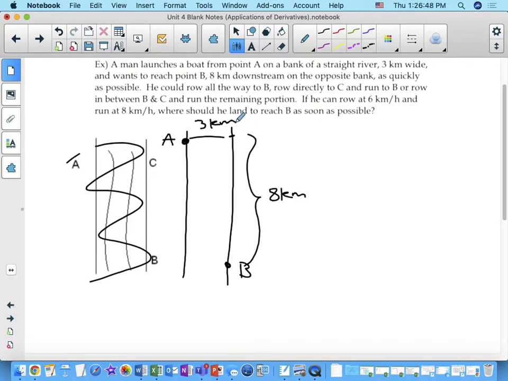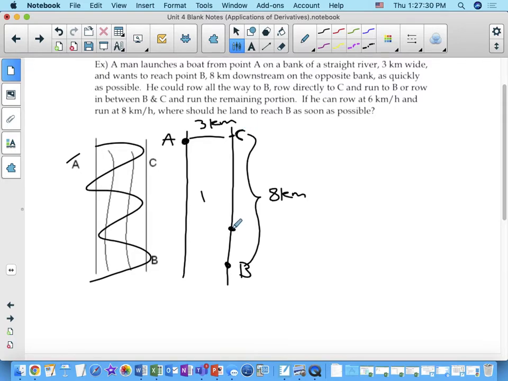Okay? Now, here are the options. He could row all the way to B directly, so he could get into his boat and go from A to B. That's one option. Option 2, he could row directly to C and then run to B. Or option 3 is that he could row to some point in between.